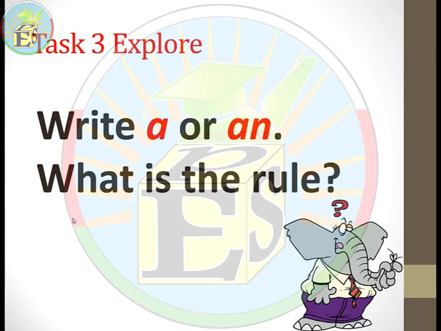We said that we use an before nouns that start with a vowel, and we have 5 main vowels in English: O, A, U, I, and E. Try to focus and remember this rule, because this is the rule that is meant here.